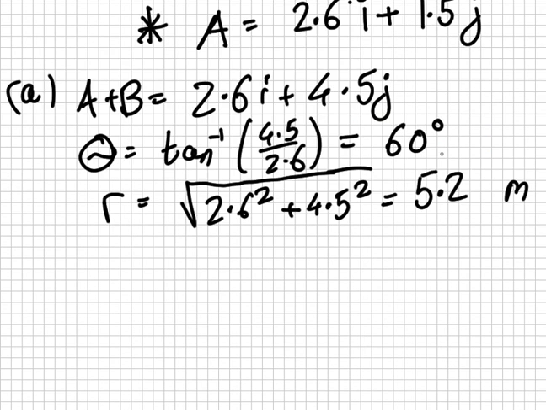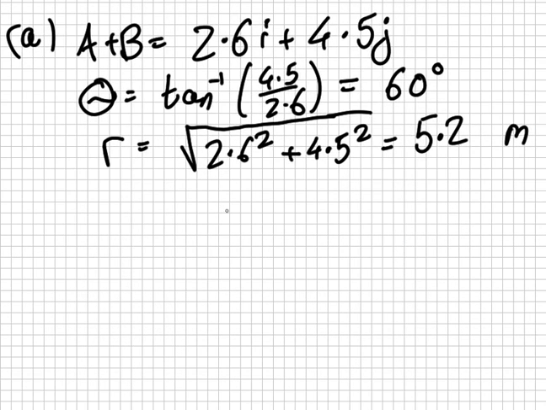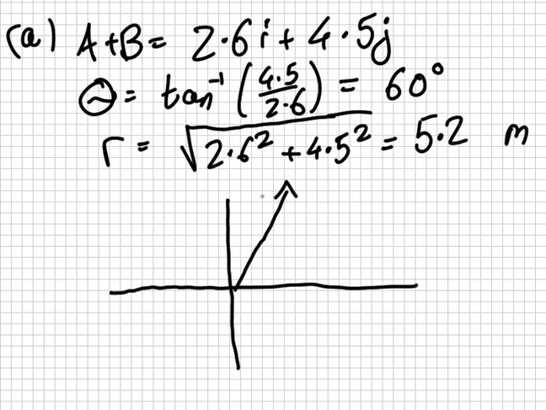So if you draw that, it would look like this. 5.2 here, and then 60 degrees there. But what if we're not allowed to use this method and we have to do it on the graph?